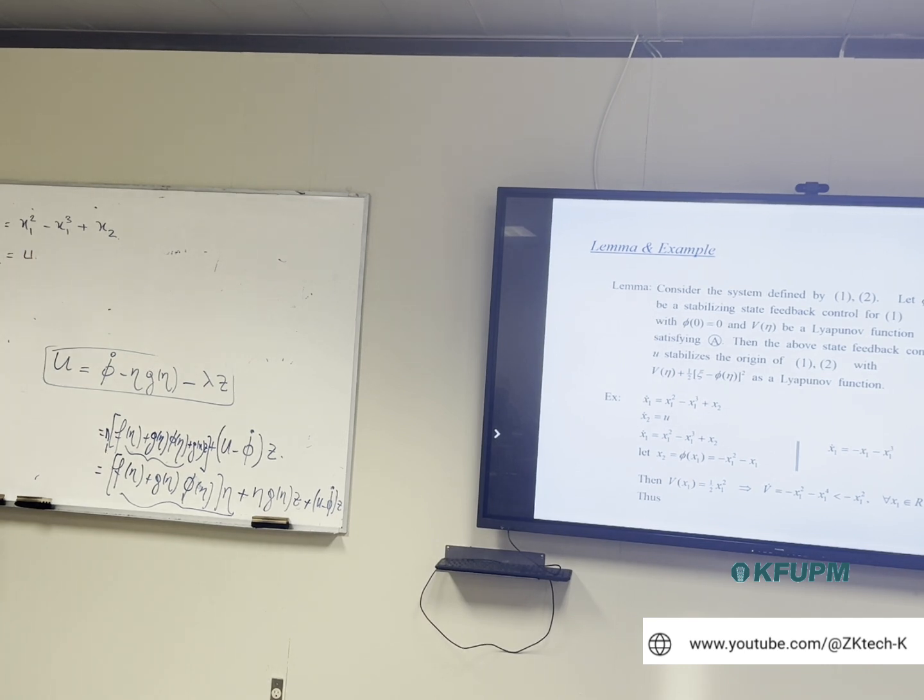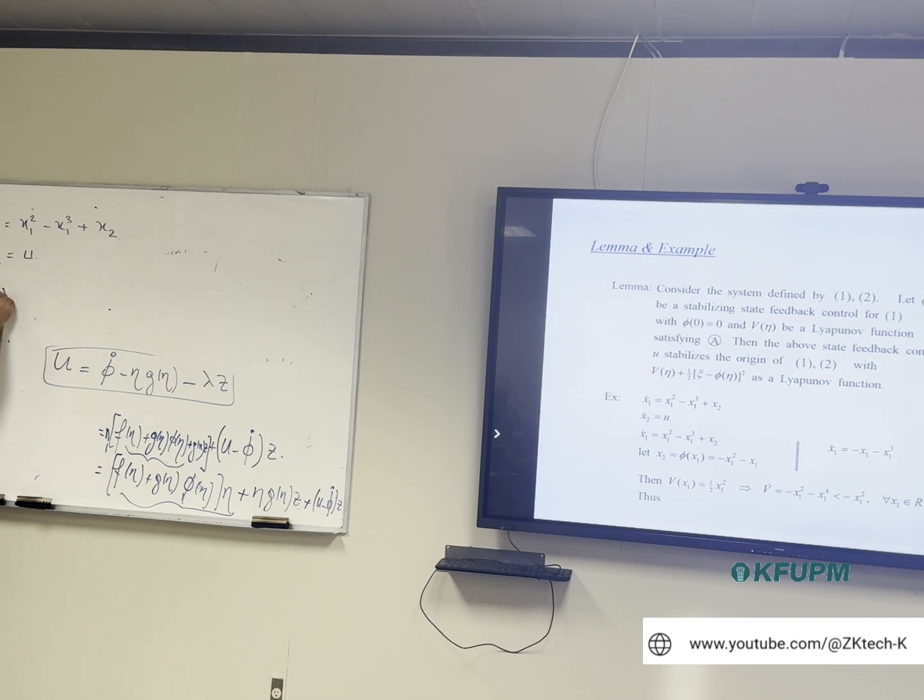You can see here in the first equation that x2 appears linearly. This is not like g of eta that you have there, right?